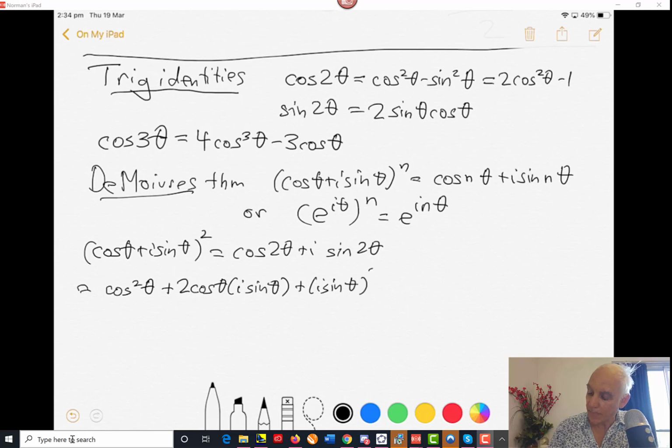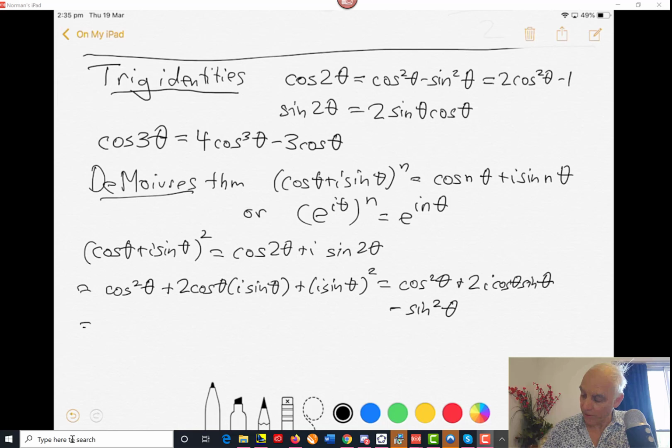If we simplify that a little bit, that's going to be cos squared theta, plus 2I cosine theta sine theta, minus sine squared theta. In terms of real and imaginary parts, if we bring all the things not involving I together, we get cos squared theta minus sine squared theta.